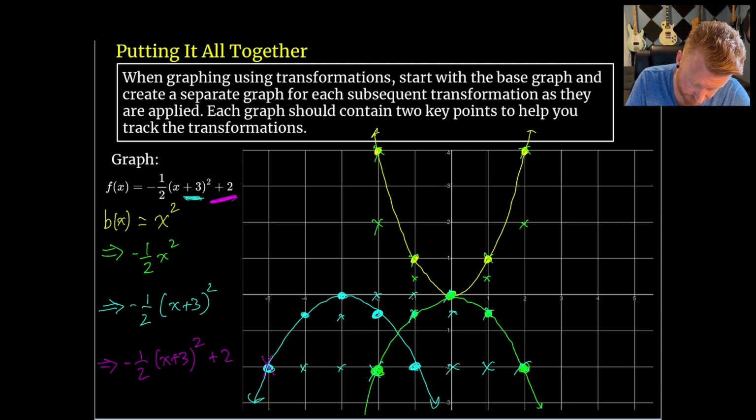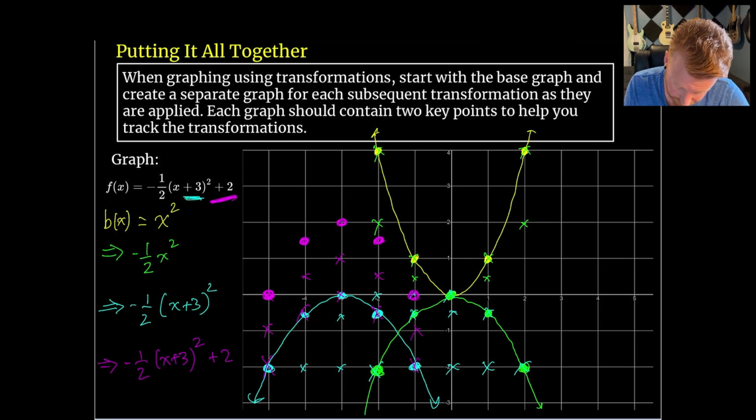So we're going to take this guy and move him up 2. We're going to take this guy and move it up 2. So that one's in between. That one felt a little weird, but I got that straight, I think. We'll move this guy up 2. This guy's moving up 2.